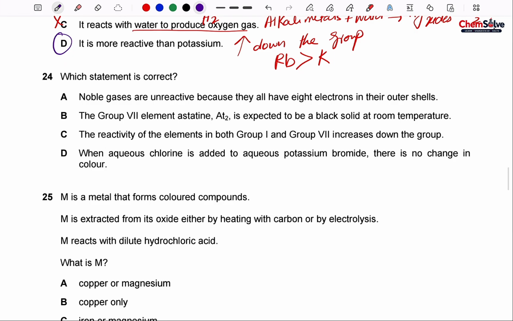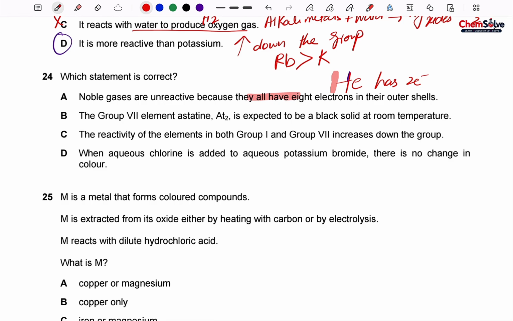Which statement is correct? Noble gases are unreactive because they all have... Now this statement is incorrect. All have, because we know that helium has only 2 electrons in the valence shell, and the rest of the noble gases have 8 electrons in the valence shell.